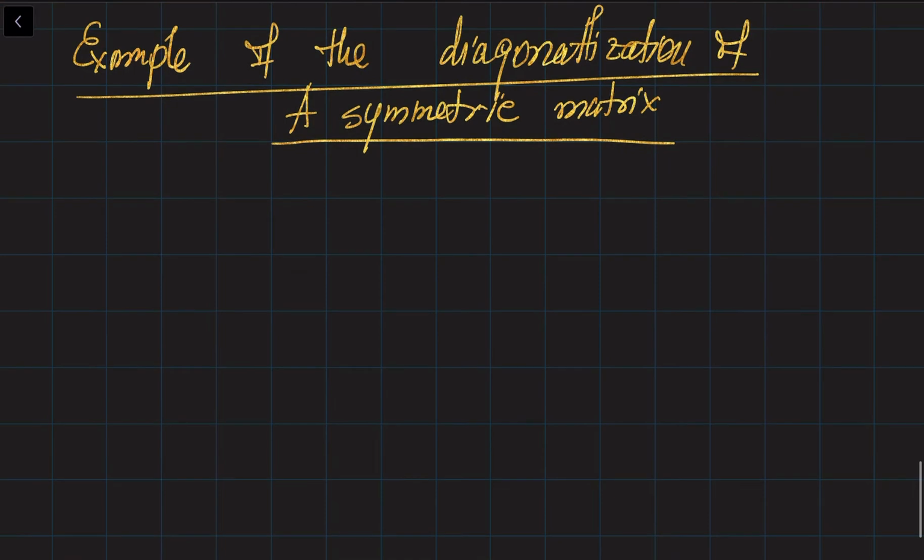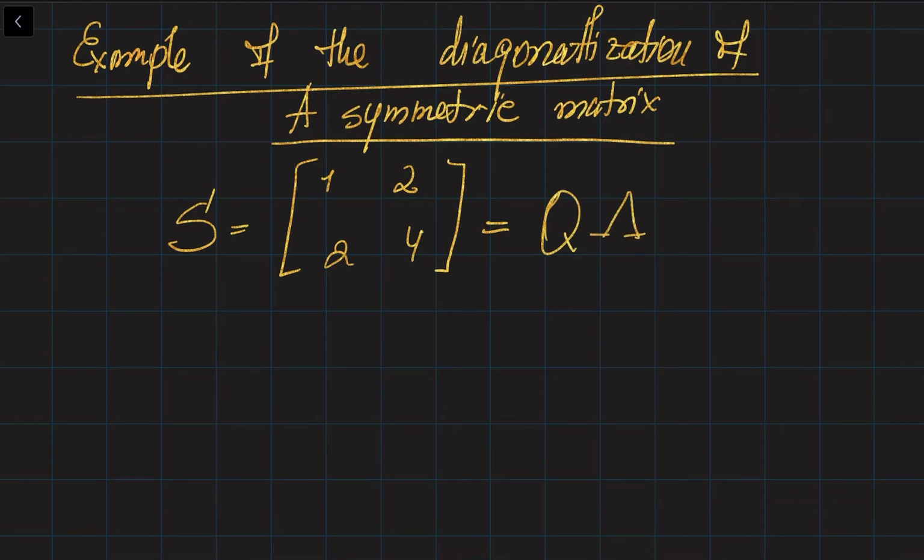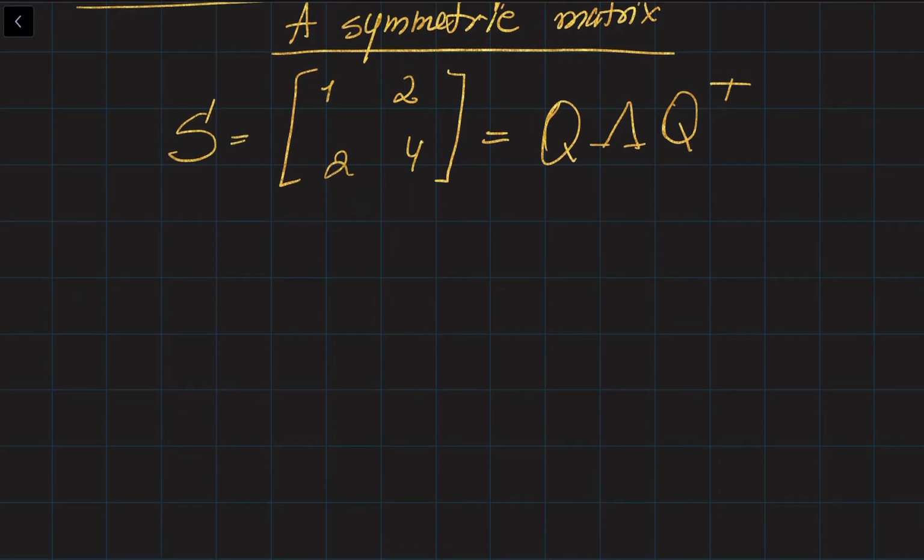Let's say you are given a matrix S with the entries 1, 2, 2, 4, and we need to find its diagonalization. Essentially, it's going to be Q lambda Q transpose. So instead of writing Q inverse, we're going to write Q transpose. In order to find its diagonalization, we need to perform the following operations.